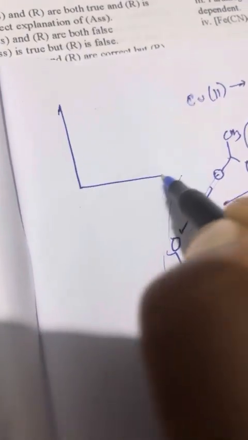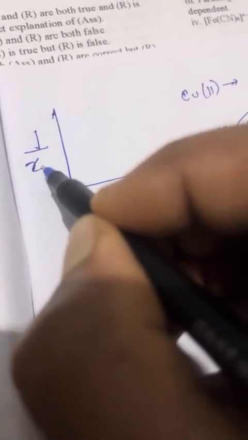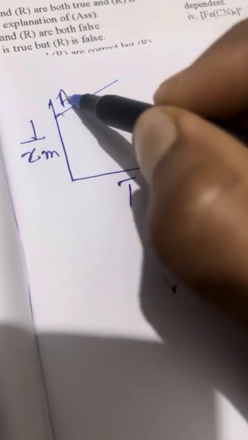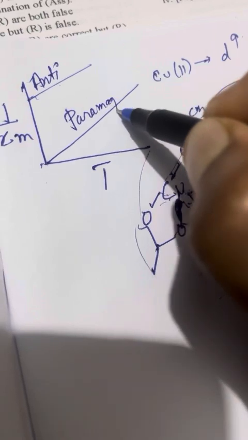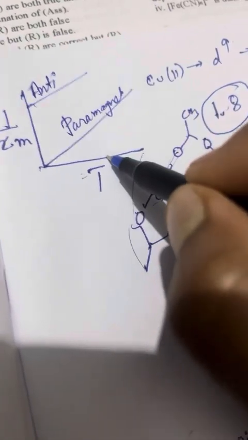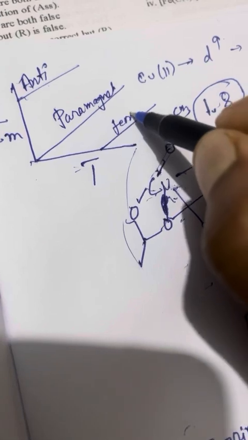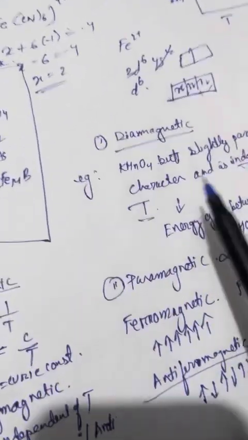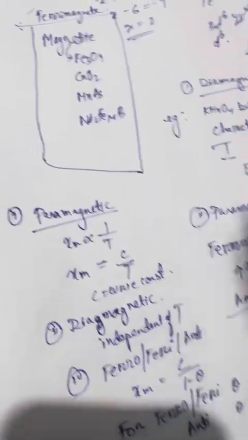Another important diagram is 1 by xm versus T. You remember, this is antiferro, this is paramagnetic, and this is ferro or ferri. Okay, you should remember these. These are the concepts from this one here.